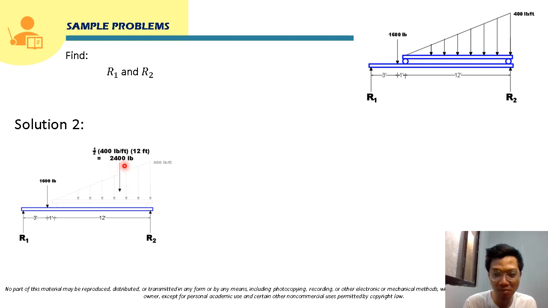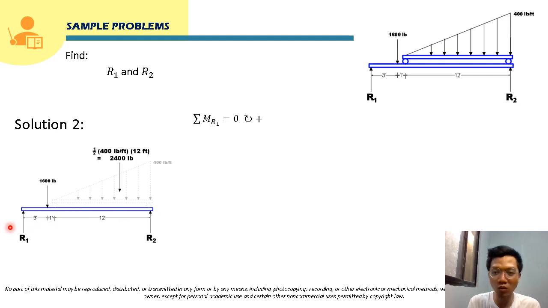So we just apply that principle, and after that we can start solving, using the two equations that we can generate from equilibrium of parallel force system. So let's say we start summing up moment at R1. So we will sum up moment at this point.